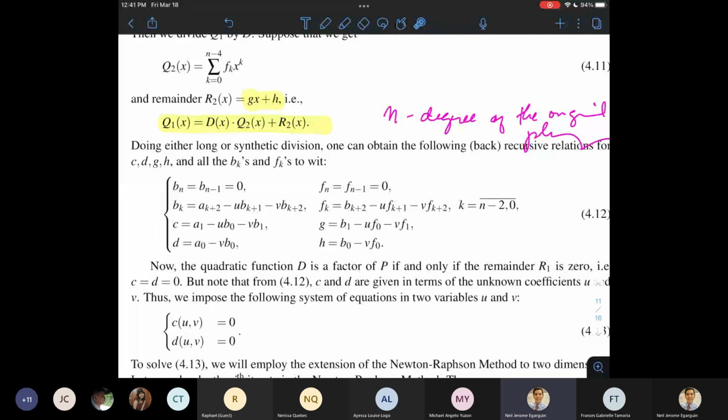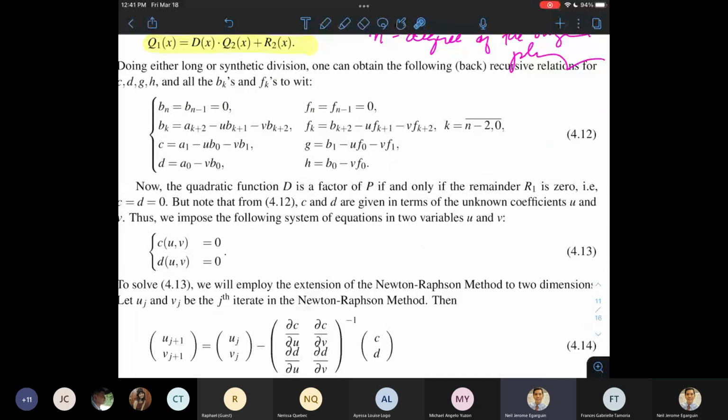Okay? Now this is fine. I-encode nyo lang yan, or initiate yung value. Tapos si b sub k ay computed this way. Remember, yung mga b sub k's, ito yung mga coefficients ng result ng unang synthetic division. Alright? Ito yung coefficients ni q1.